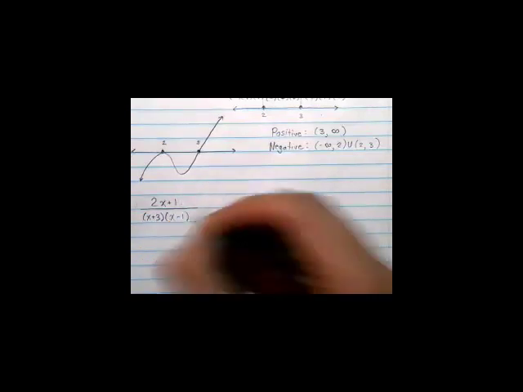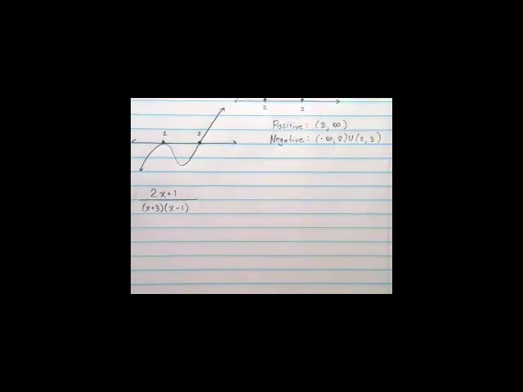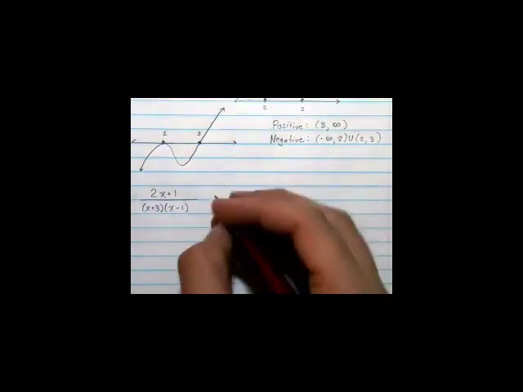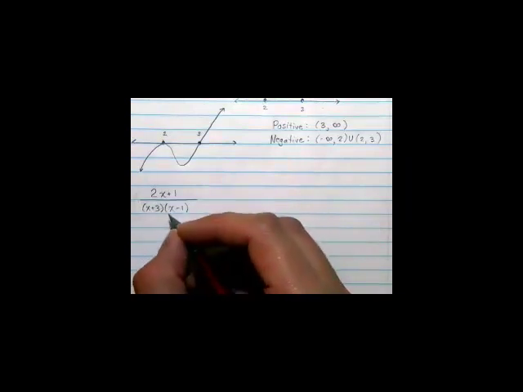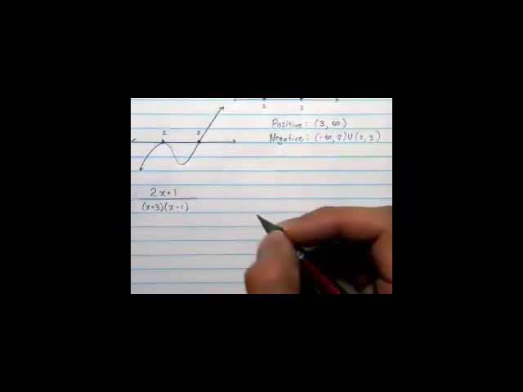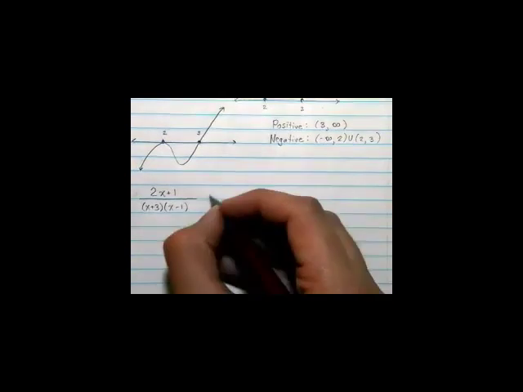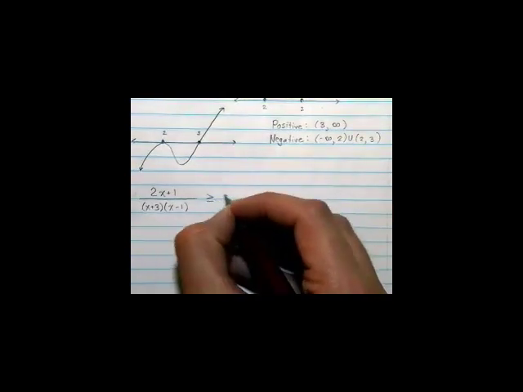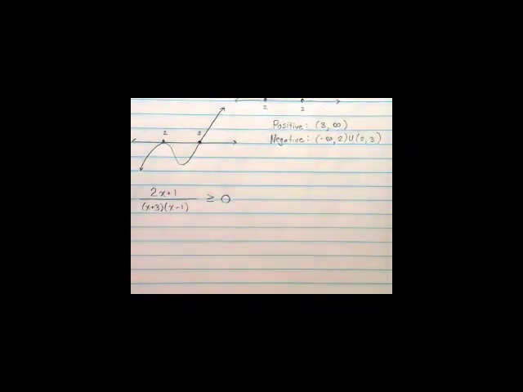Again, I'm already factoring it for you. We're going to come across some later where you're going to have to do the factoring first, but I'm going to keep factoring for you now. And I want to know, when is this greater than or equal to 0? We're going to do that inequality.